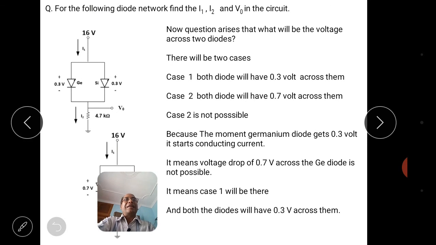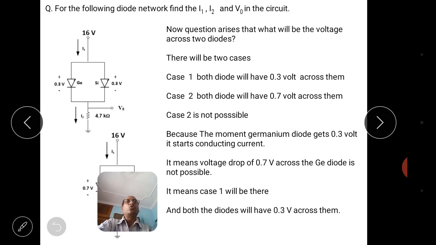Now the question arises: what will be the voltage across the two diodes, because now it has been discovered that both the components will have the same voltage. So there are two cases. Case 1, both the diodes will have 0.3 volt across them, or case 2, both the diodes will have 0.7 volt across them.